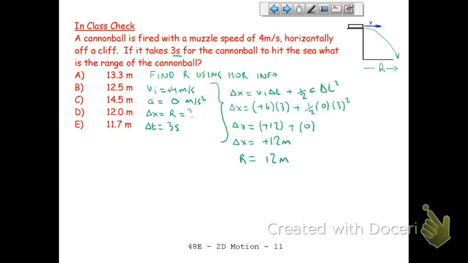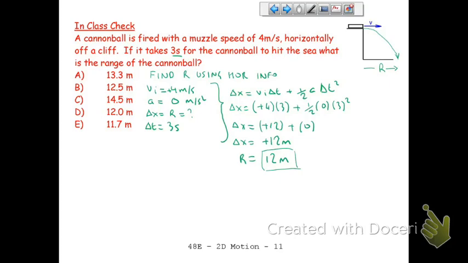Range is not a vector, it's a scalar, it's a magnitude if you like, so you don't really need a sign on. If you give me either one of those answers, I would be perfectly happy with them. I'm just being a bit pedantic by saying it's 12 meters. Again, a one-dimensional problem, but this time dressed up as a two-dimensional problem.